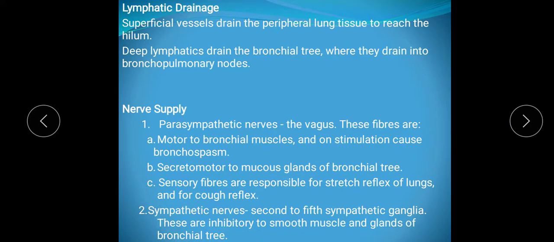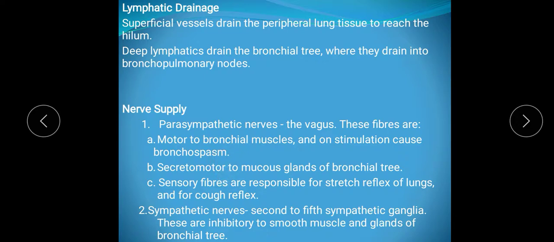Then the lymphatic drainage. Superficial vessels drain the peripheral tissue to reach the hilum, and the deep lymphatics drain the bronchial tree, where they drain into the bronchopulmonary lymph nodes. Then the nerve supply. Nerves are parasympathetic and sympathetic. Parasympathetic fibers are from the vagus. These fibers are motor to the bronchial muscles, and on stimulation these cause bronchospasm.